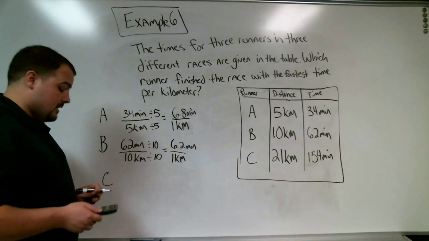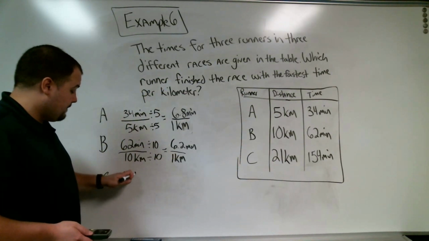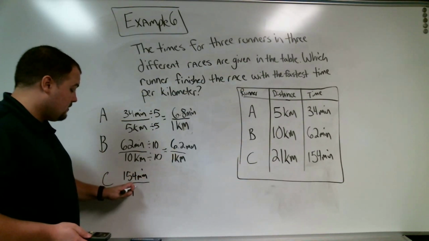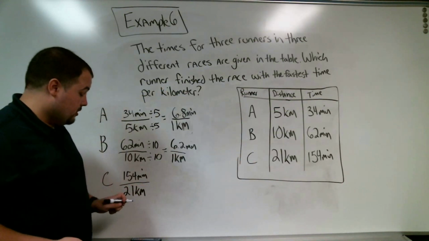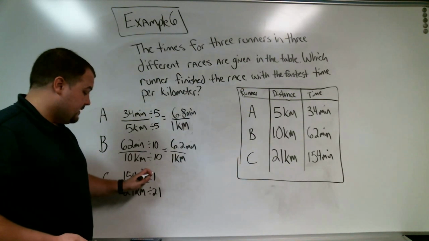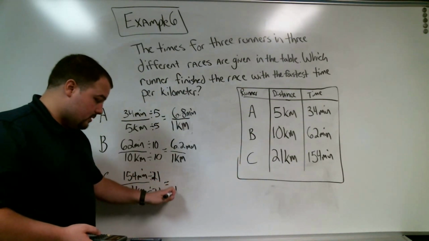And let's look at the very last runner here. It's 154 minutes for 21 kilometers. We need to change that 21 to the number 1 again. So I'm going to divide by 21, divide by 21. 21 divided by 21 gives me 1.